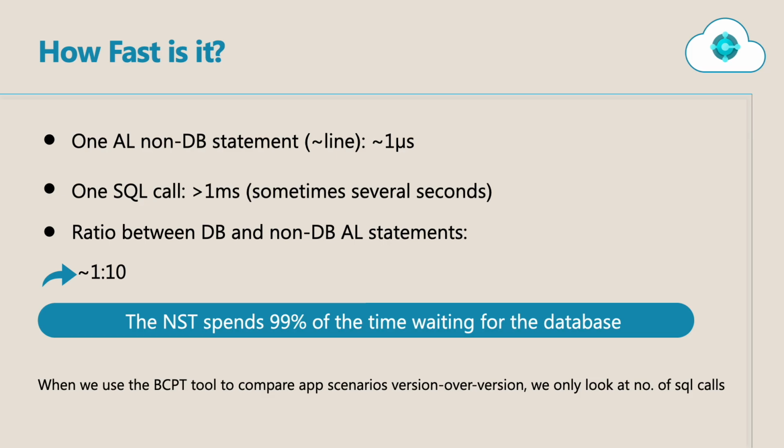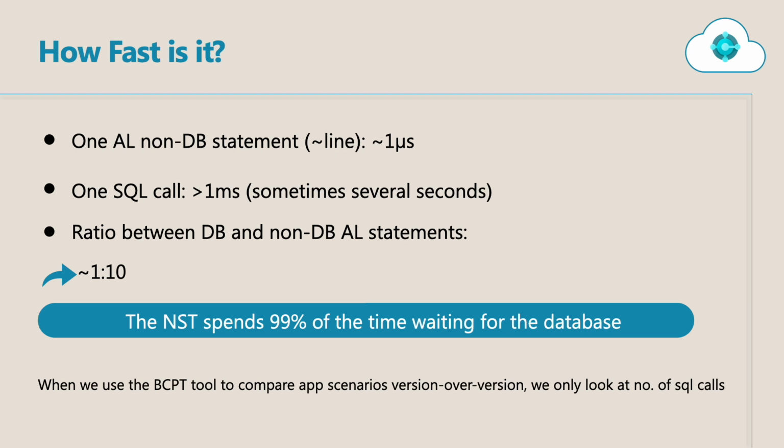Right. So Bardur, what can happen in AL code? How will that affect performance? Yeah. So now that we talk about performance, I think we should take a look at how fast it is and where we spend our time. A few years ago, I did some measurements. Executing a line of AL code or a statement that doesn't look up in the database takes approximately a microsecond.